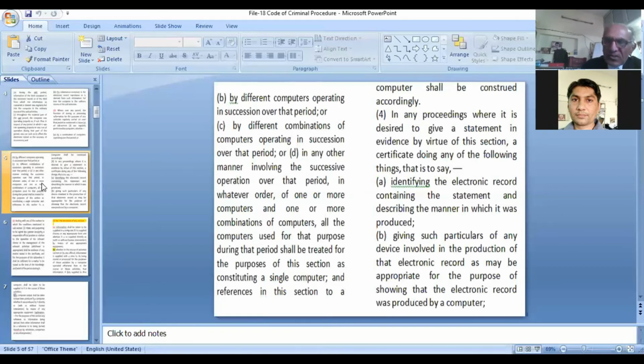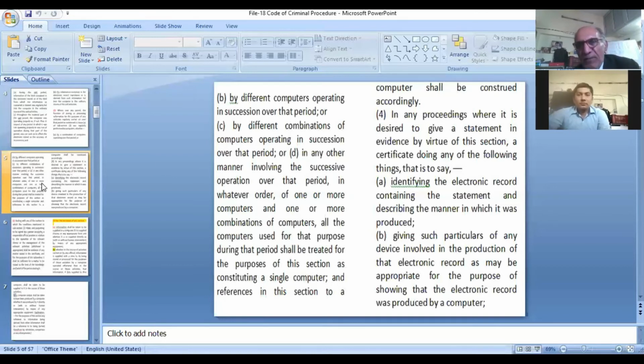All those machines as a single operating system are being defined and are being accepted as a single computer. So the output of such computer setups, functional apparatus, is a computer output as stands defined at the outset in subsection 1 of section 65B.